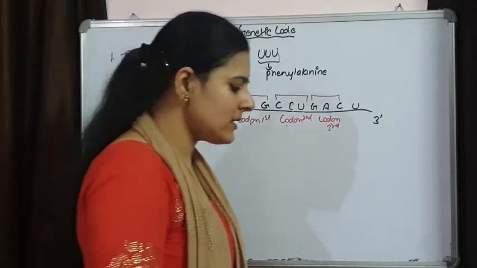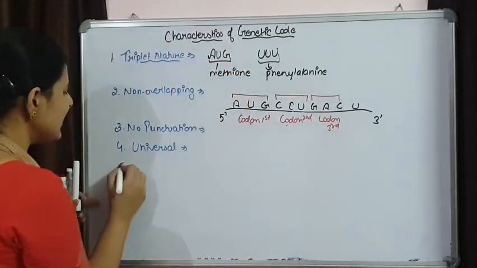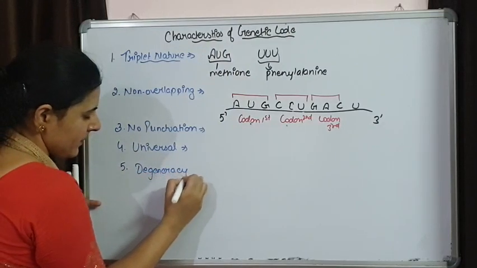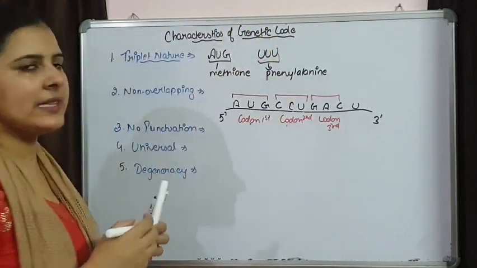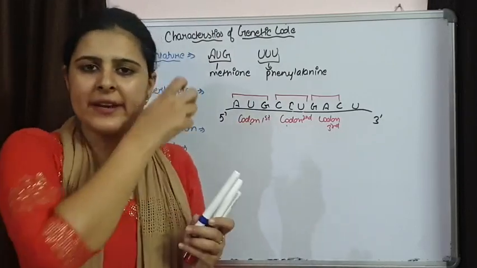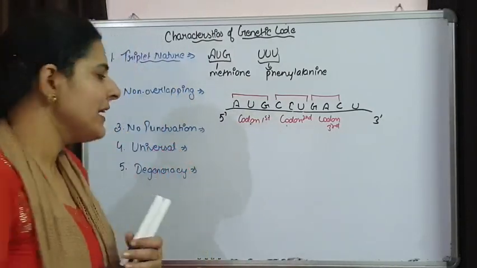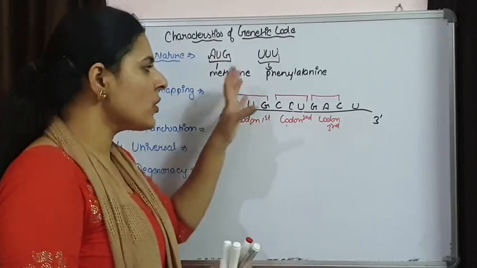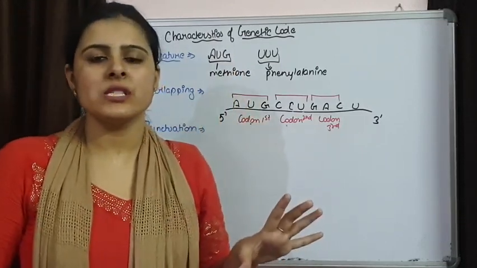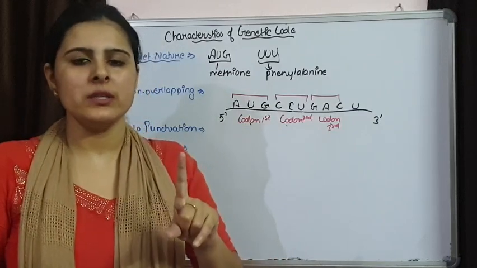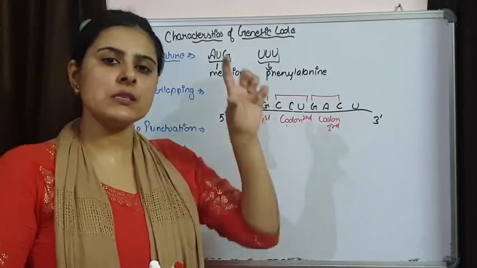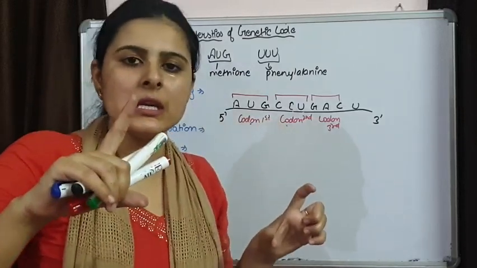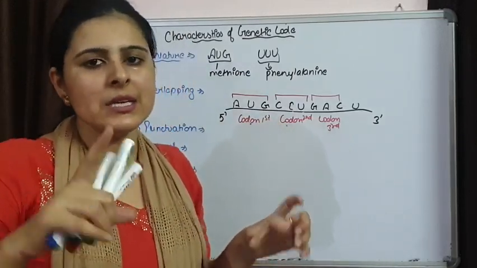Now another characteristic is that the genetic code is showing degeneracy. If we have seen the standard table of genetic code, we find that more than one codon is responsible for one amino acid. Like serine, we saw there are 6 codons, and these 6 codons are coding for only one single amino acid, that is serine.